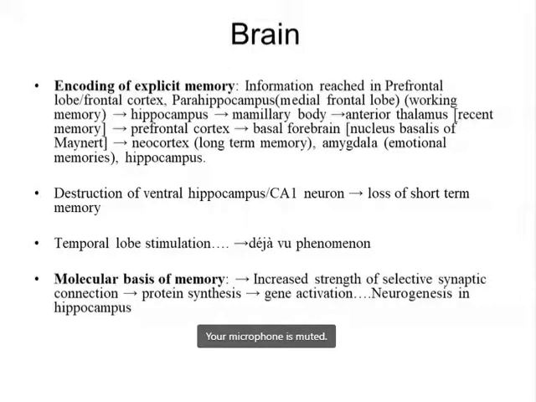In that way, the action potential flows and we can remember quickly. In the hippocampus, the short-term memory; in the parahippocampus, the working memory; and in the prefrontal cortex, the long-term memory is stored. Am I clear to you all?